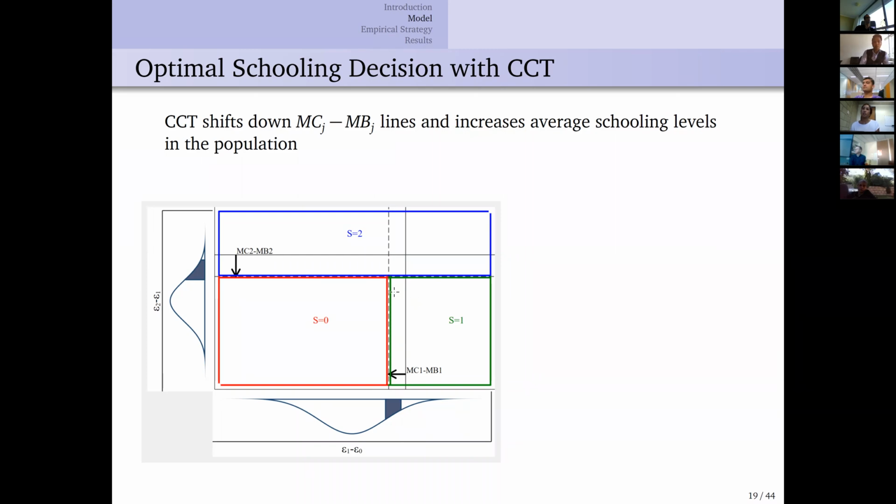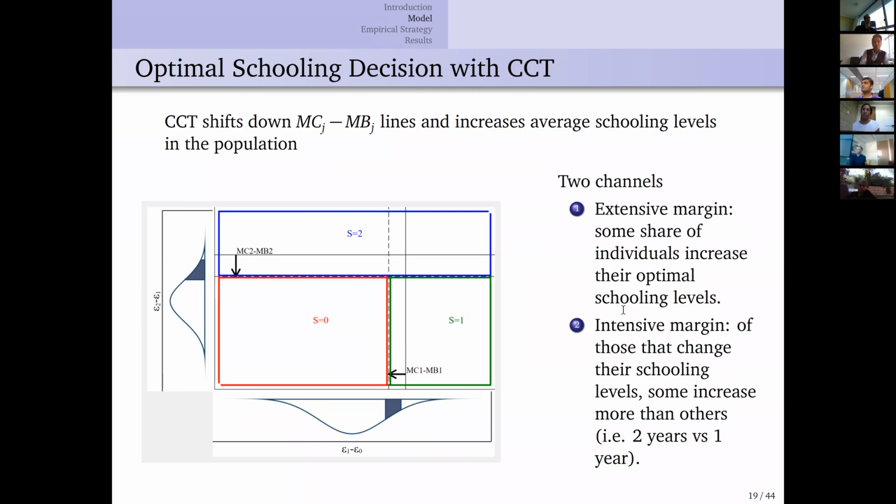I jumped the gun a little bit there though, because I wanted to first say that when I say a CCT decreases marginal cost minus marginal benefit and increases the average levels of schooling, there are two channels for this. So there's the extensive margin. That's what I just talked about, how there is a share of individuals who choose to increase their optimal schooling levels. I'm going to refer to that as the extensive margin. And then what I'm going to talk about as the intensive margin effect is the following.